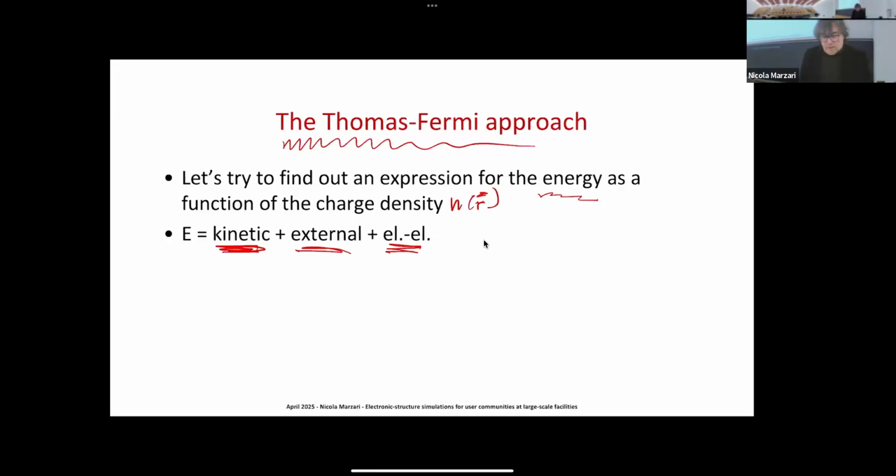But once you take the charge density, so if the charge density is the square modulus of the wave function, you obliterate all the knowledge about the derivative. You can see it very simply if you have a wave function that is what we call a plane wave, exponential of i k dot r.